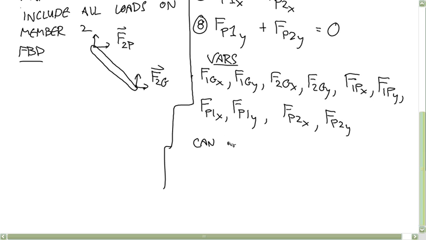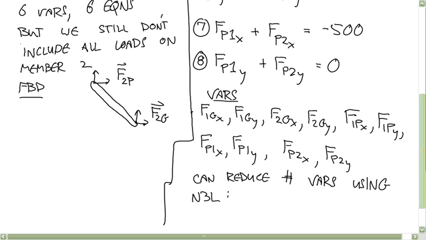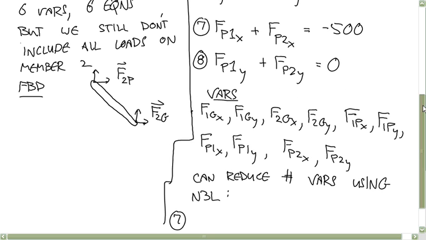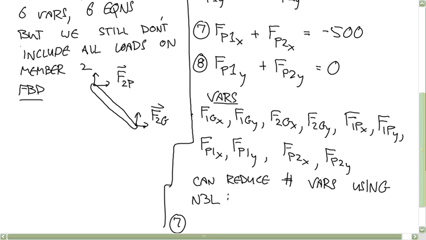And then recognize we can reduce the number of variables using Newton's third law. And in order to do that, we're going to replace in equation 7. We're just looking through this list to see which ones are redundant based on Newton's third law. Okay, so we know this one is the same as this one, right?